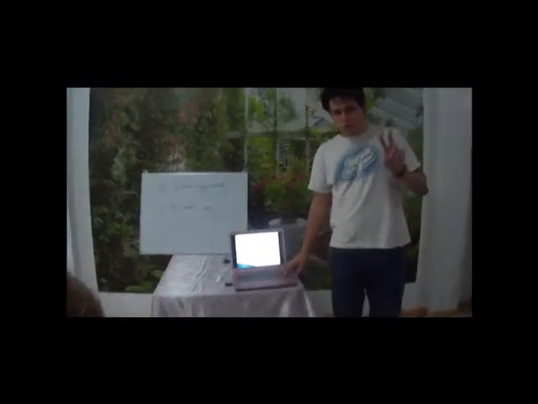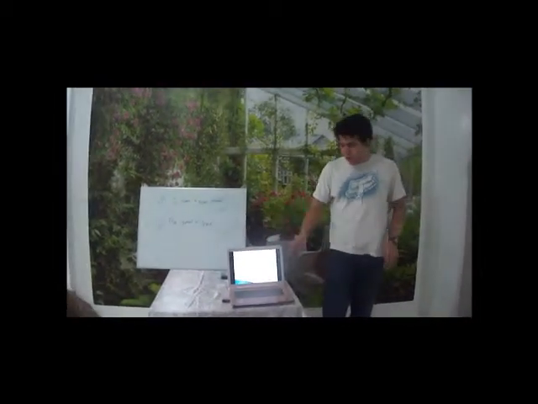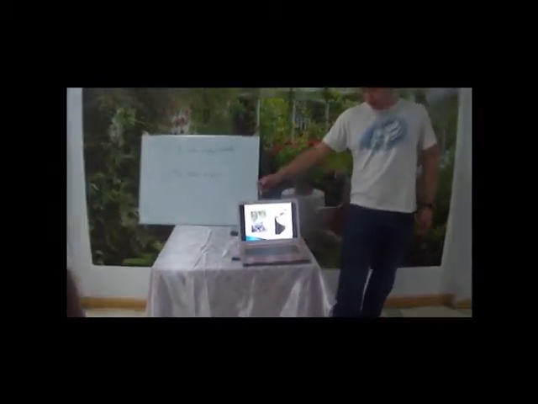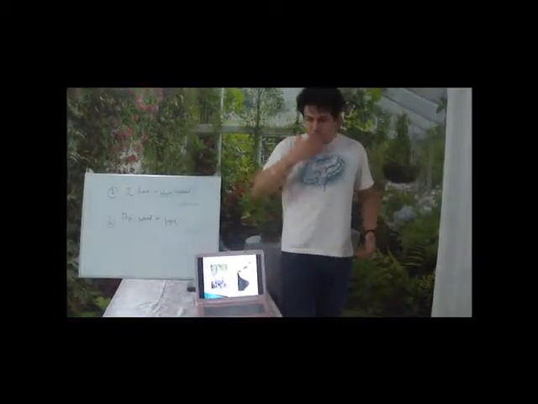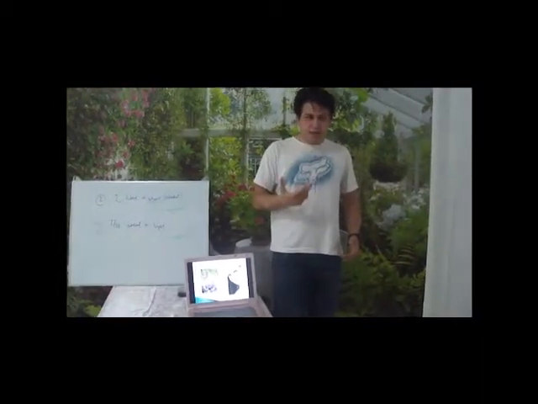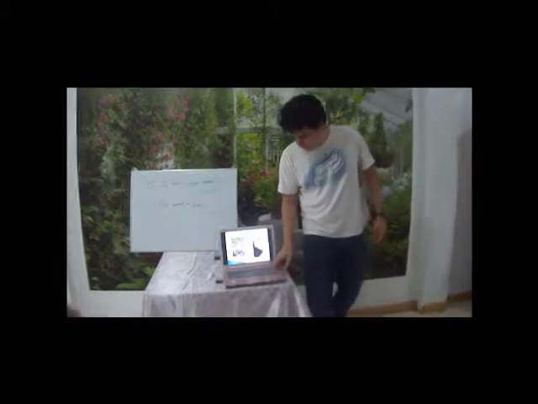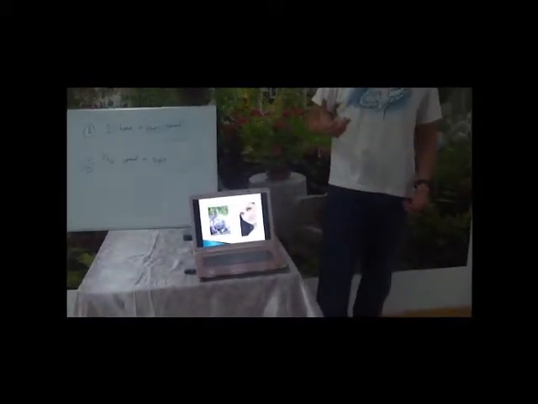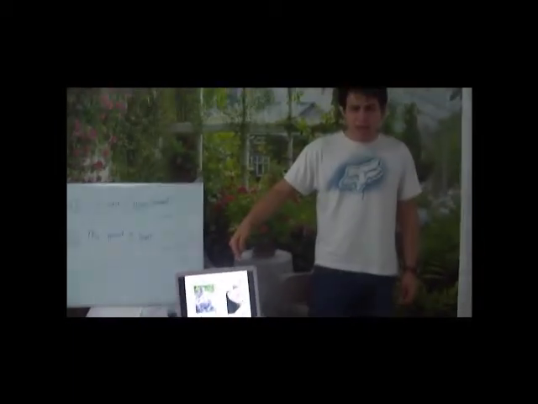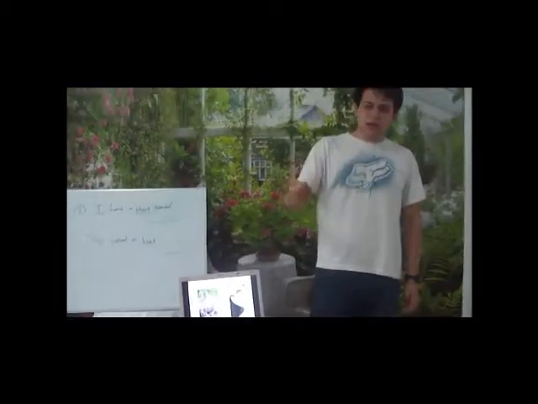So here I got two friends, Peter and Rosanna. Peter is a very fat guy. Fat is an adjective. And Rosanna is very beautiful. Beautiful is an adjective too, like nice. So Peter would like to know what object she has, so he needs to ask a question.